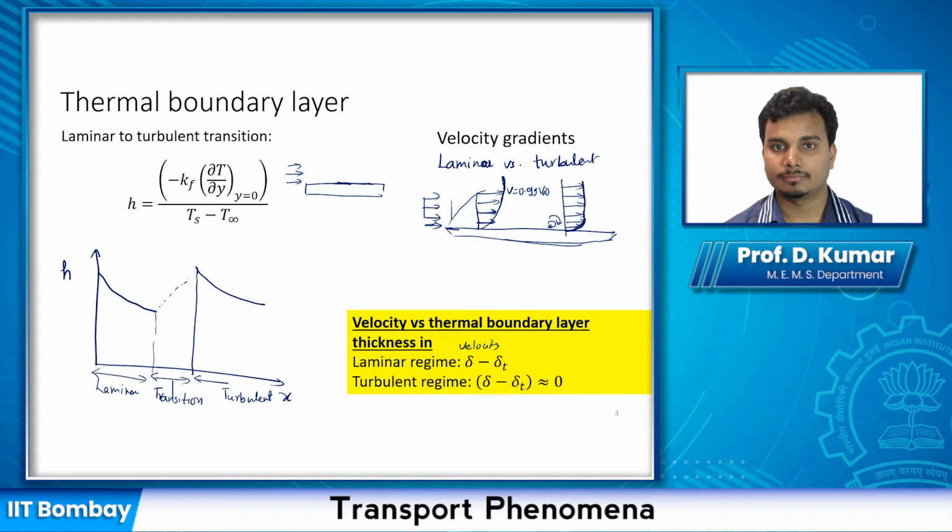But in turbulent regime, it should be almost the same, because in turbulent regime, the heat transfer is actually governed by fluid flow, because the flow is turbulent, so the mixing is nice. So you have very effective heat transfer, and so the boundary layer thickness should be almost the same if you are in turbulent regime. Okay, so delta minus delta T is almost 0.